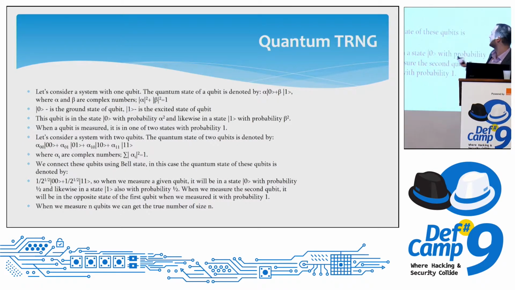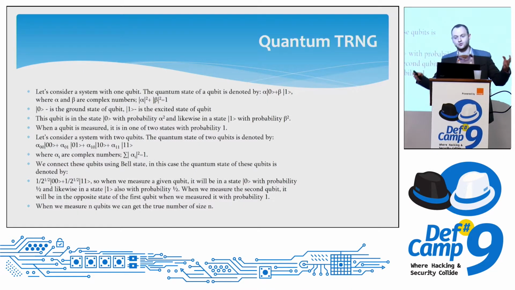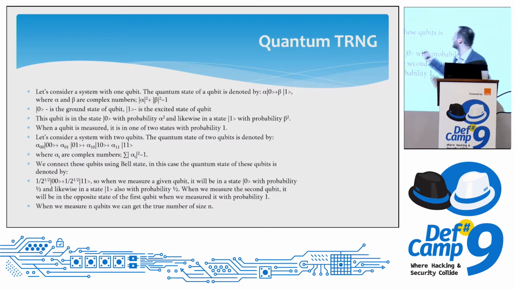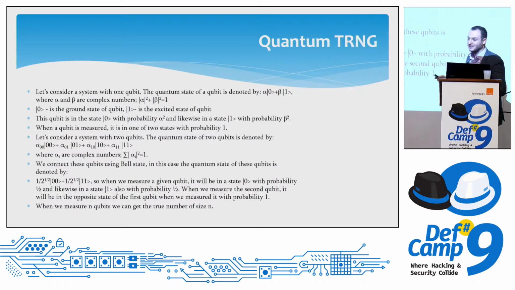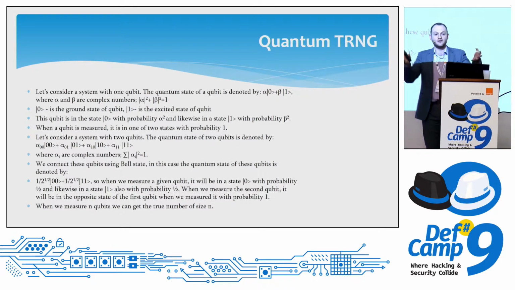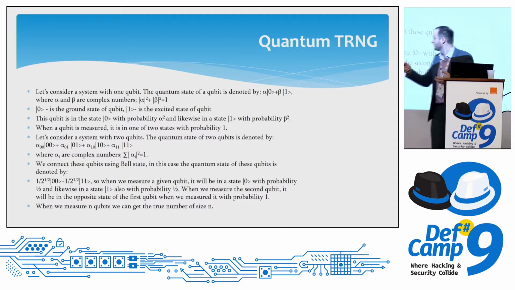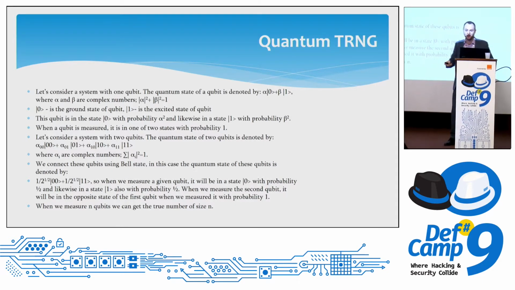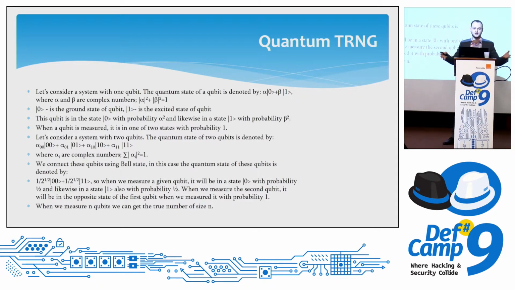So what is a qubit, quickly? The state of the qubit we can write like this, where alpha and beta are complex numbers, and alpha squared plus beta squared is 1. When we measure this qubit, it is with probability alpha squared in state 0 and with probability beta squared in state 1.